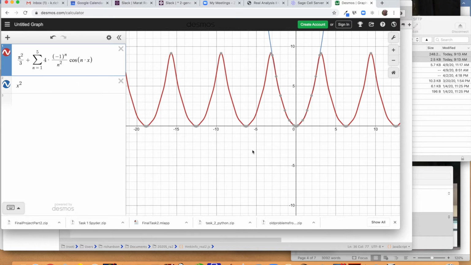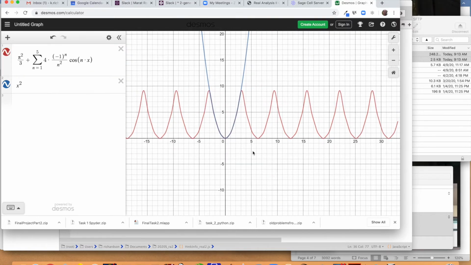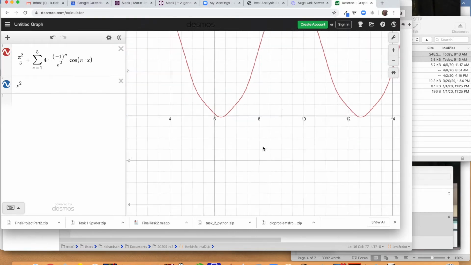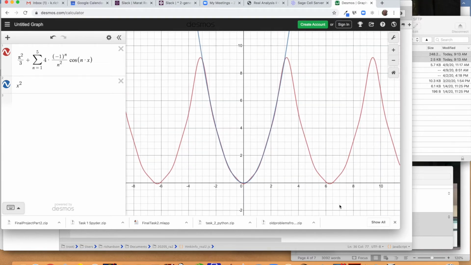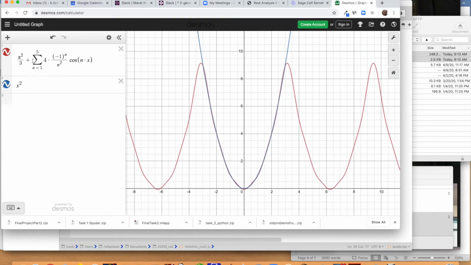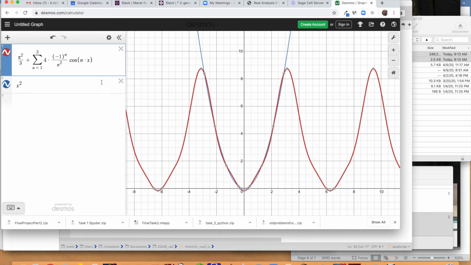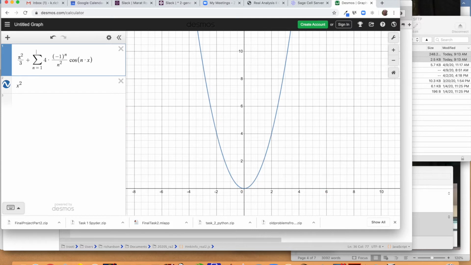And there's x squared. And man, that's a pretty close fit. Let's only go to like 3 and see what we get. Oops. Still pretty darn close. Wow. Let's go to 20.